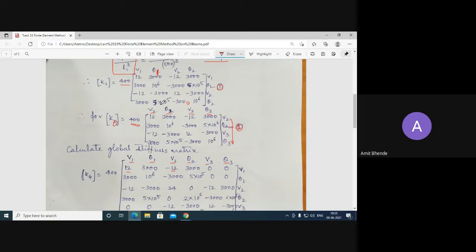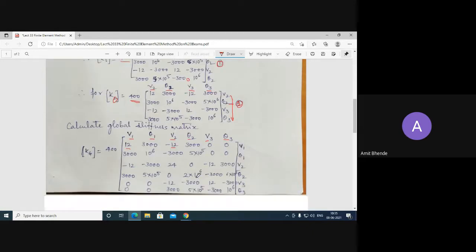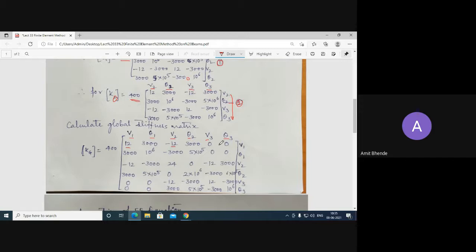So you know how to assemble the two matrices by looking at the row numbers and column numbers. We have studied the assembly of the matrix in the CAD subject, and you can utilize that knowledge in assembling the global stiffness matrix here also.